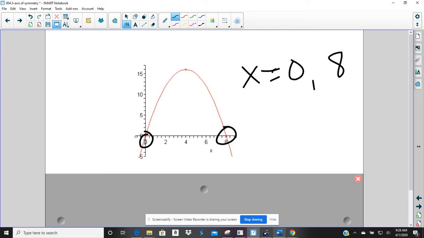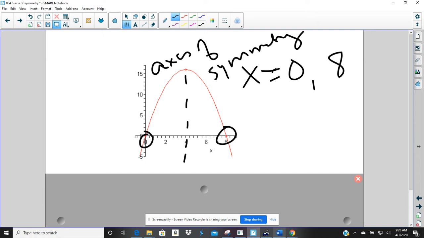I can also see this hidden line that goes in between the two sides of the parabola. This is called the axis of symmetry. It is kind of like if you held up a mirror to one side of the parabola, it would look exactly the same on the other side.